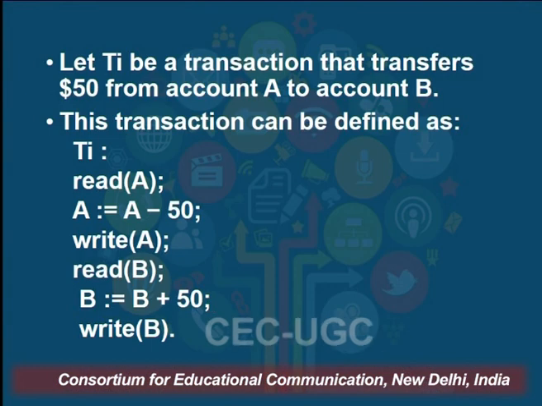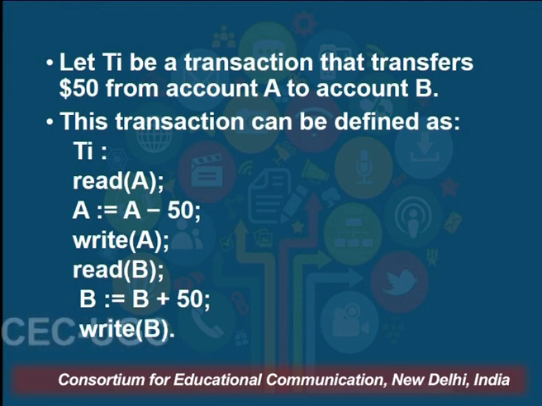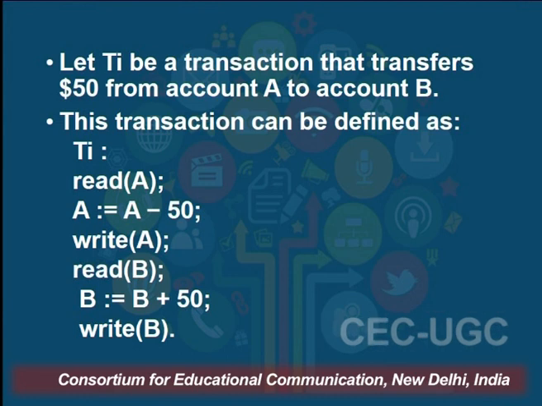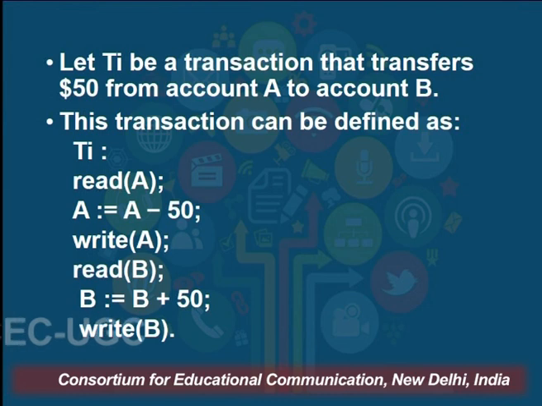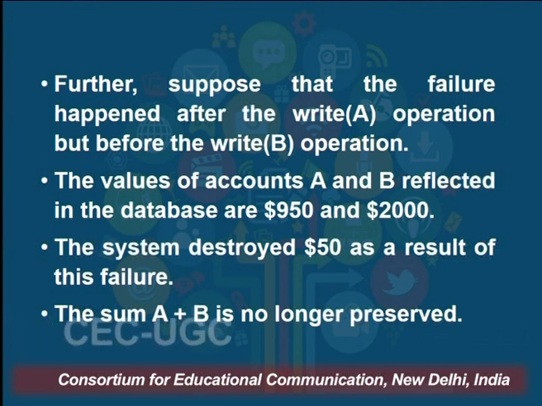Let us take a look at the transaction once again. After the write A operation, considering the initial balance of account A as 1000, write A writes 950, and after this write A, the system failure or transaction failure occurs. So A has been deducted by $50.